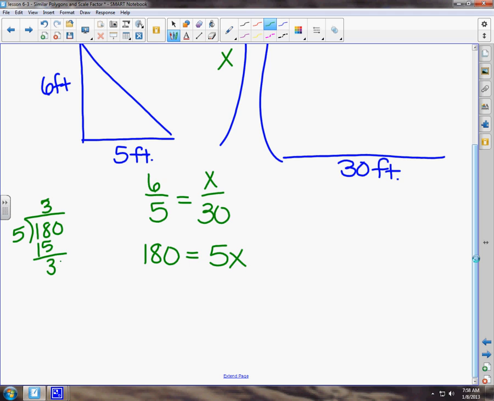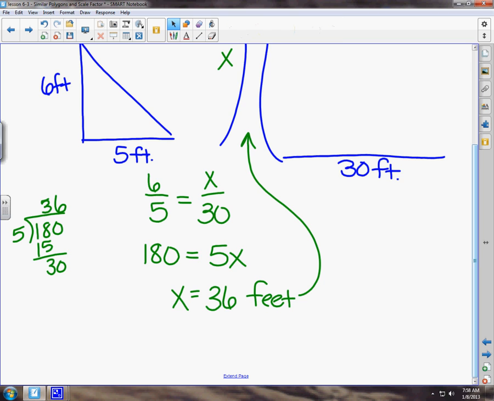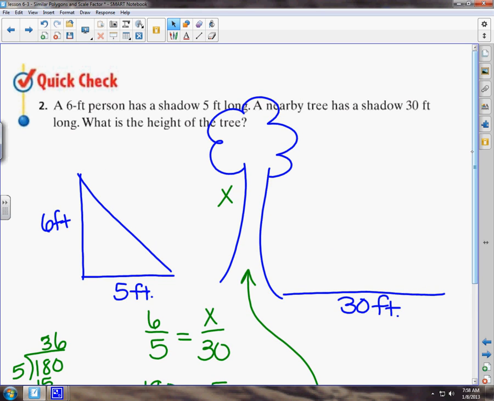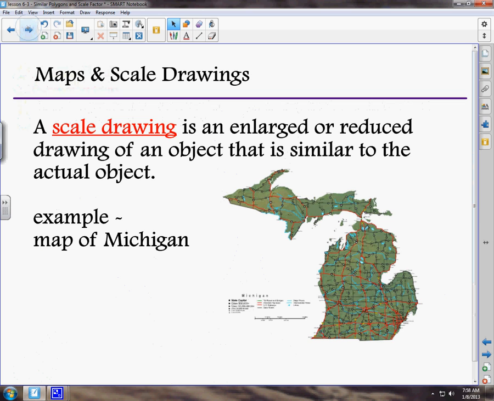And then I have 30 left over. 5 goes into 30 6 times. So x equals 36 feet tall is the tree. That tree is 36 feet tall. And nobody would be able to really figure that out without using this method, unless you wanted to climb up the tree and measure it.